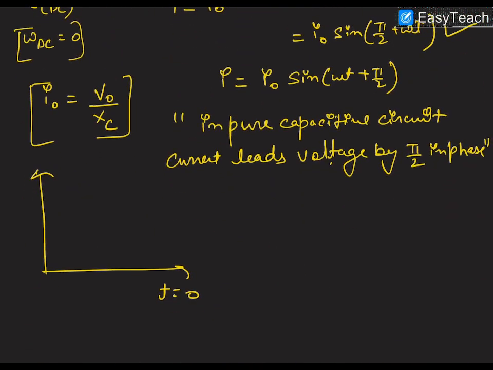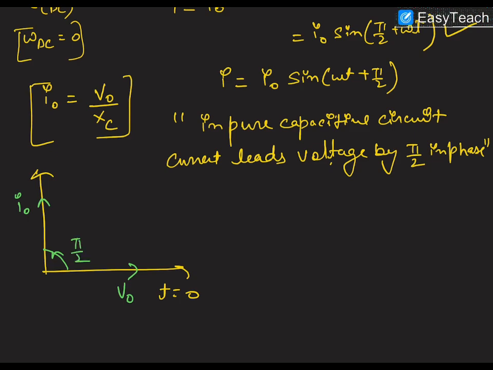So we can draw the voltage on the x-axis considering phase as angle, and we can draw the current on the y-axis considering phase as angle, because the initial phase of current is pi by 2. So we can say that current leads the voltage by pi by 2.